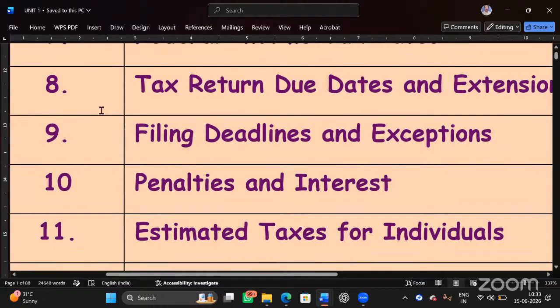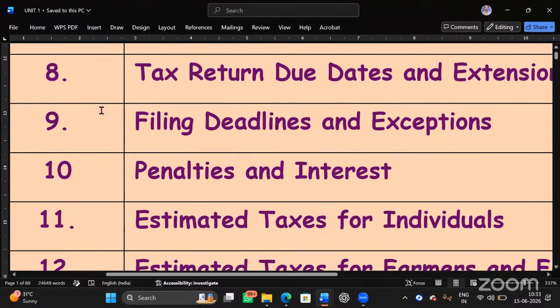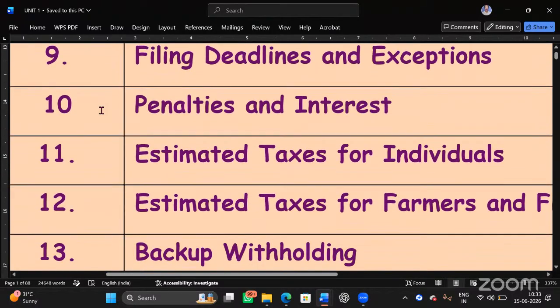Eight, 9, 10 are interrelated. Filing due date is the 8th point. Deadlines, if not satisfied, what penalty will be imposed, etc., will be covered in the 10th point. Sometimes interest also will be imposed.